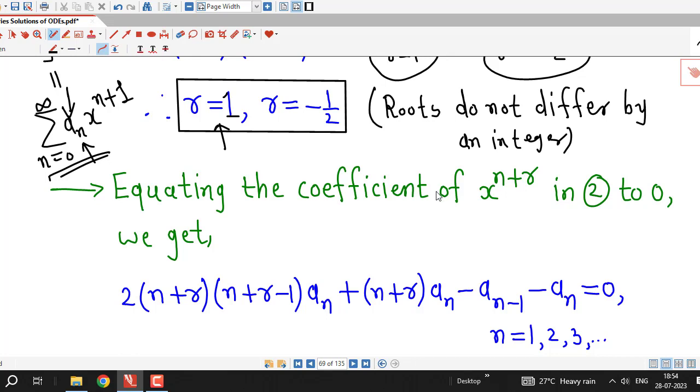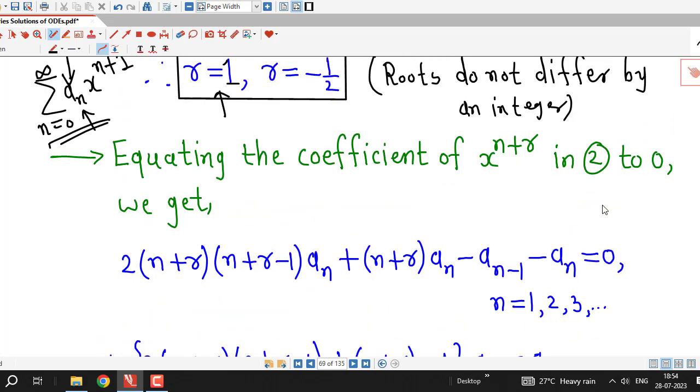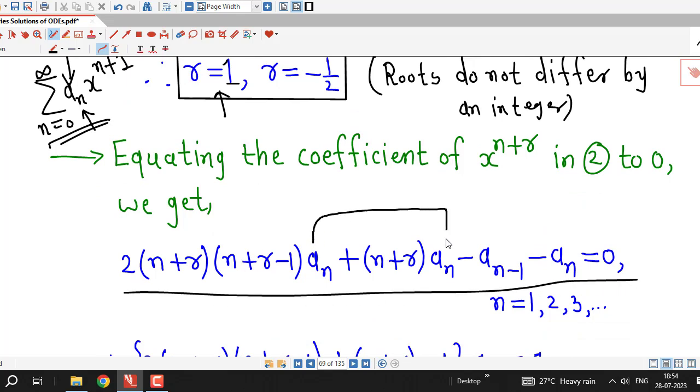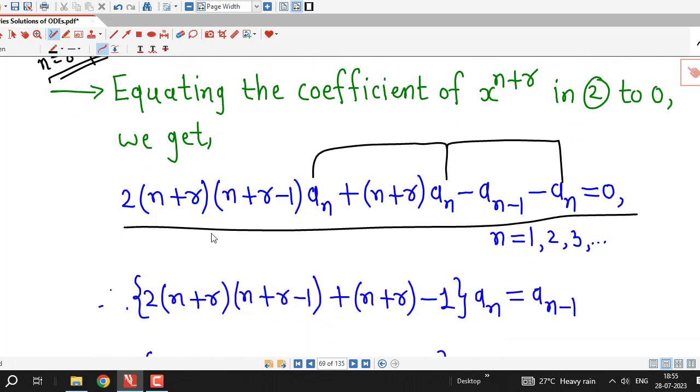Equating the coefficient of x raised to n plus r in 2 to 0, we obtain this equation. And now we can take a n common from all these three terms, and we have written 2(n plus r minus 1)(n plus r) a n, here minus 1 into a n. This is negative, so if we transfer to the right hand side, we have a n minus 1.